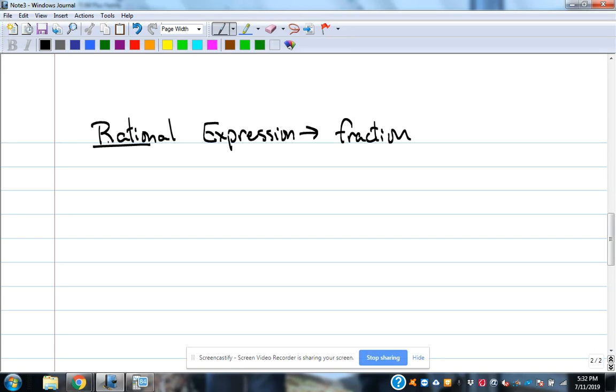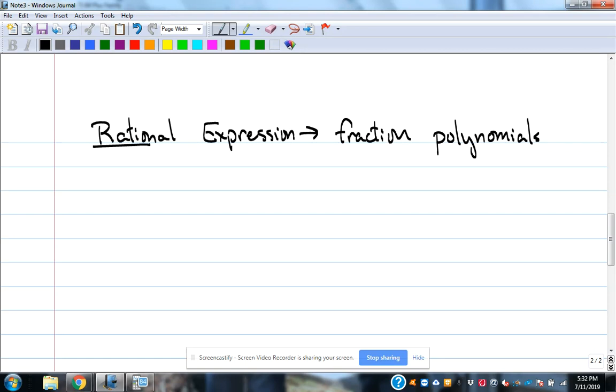Okay, rational expression is just a fraction. The fractions that we're going to be dealing with will have polynomials in the top and bottom. That's what we're going to be dealing with. Rational expressions, technically, it's just a fraction in general, but we're going to be dealing with ones that have polynomials on top and bottom. So we're going to have to deal with those.